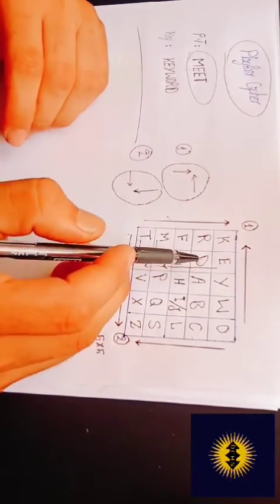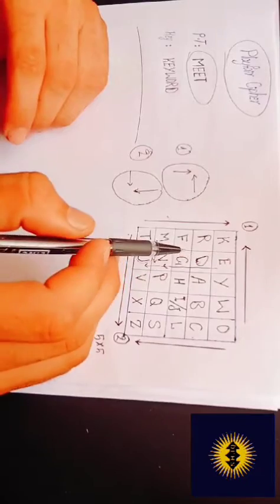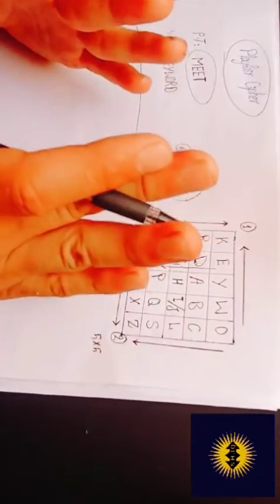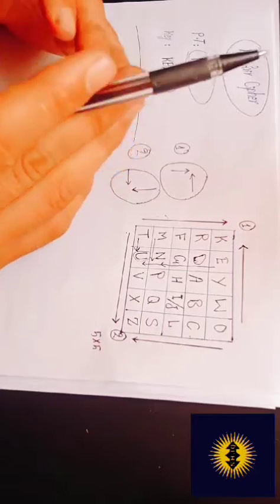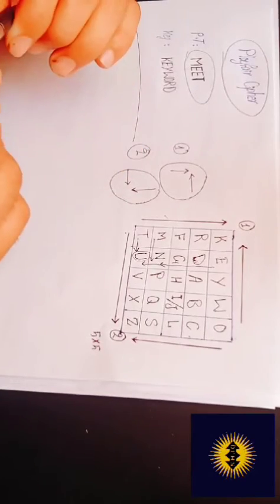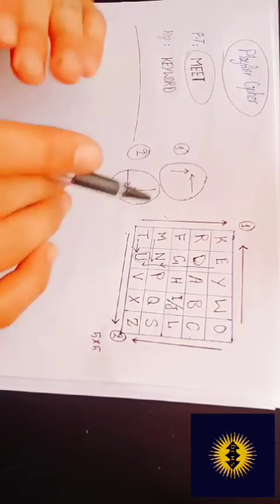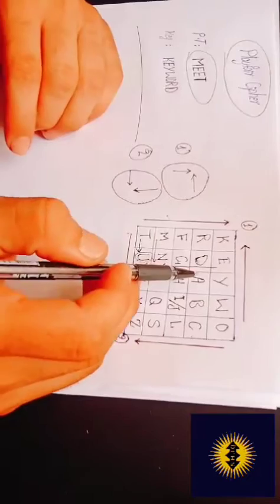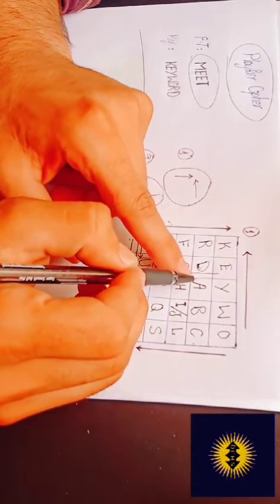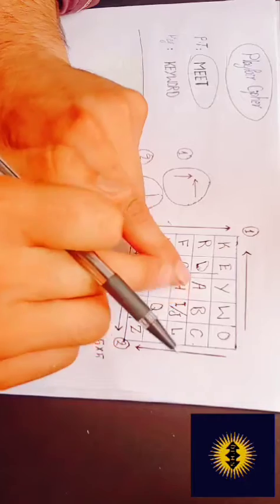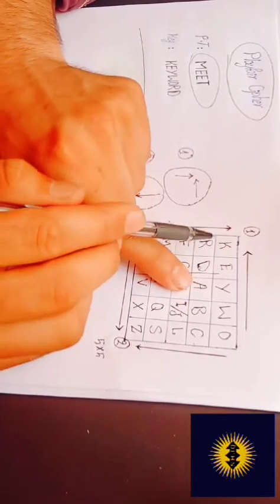Let's start from A. It means that to fill the remaining parts, we use alphabet letters starting from A to Z. The first letter of the English alphabet is A. Let's see, do we have A in our keyword?